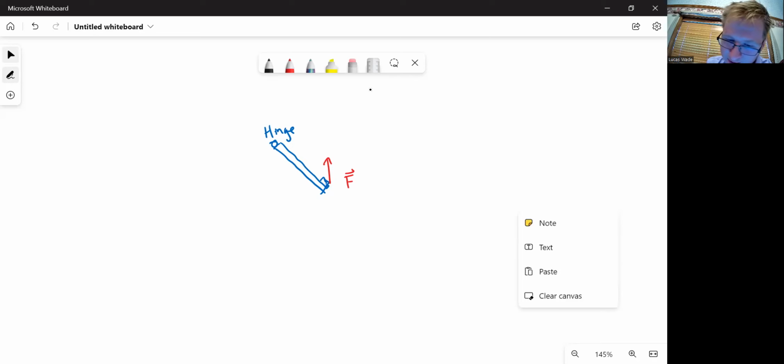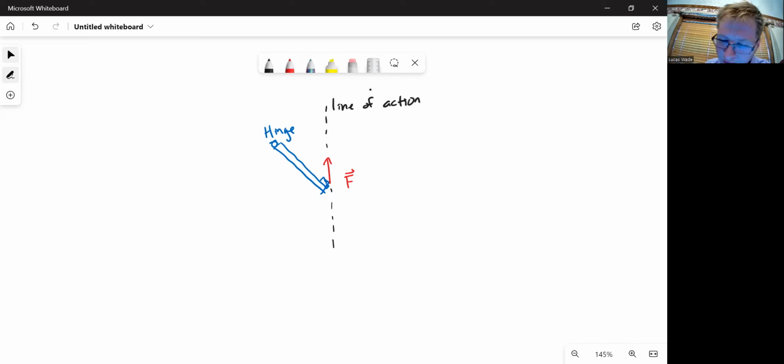To me, the easiest way to determine it is you just draw a really long line, the line of action of this force. The line of action is just that a force acts in a particular direction. So if we draw a line in that direction, that is the line of action of that force. Now we look at our axis of rotation, which is the hinge. The lever arm is the line that we can draw from the hinge to this line of action that is perpendicular to the line of action.